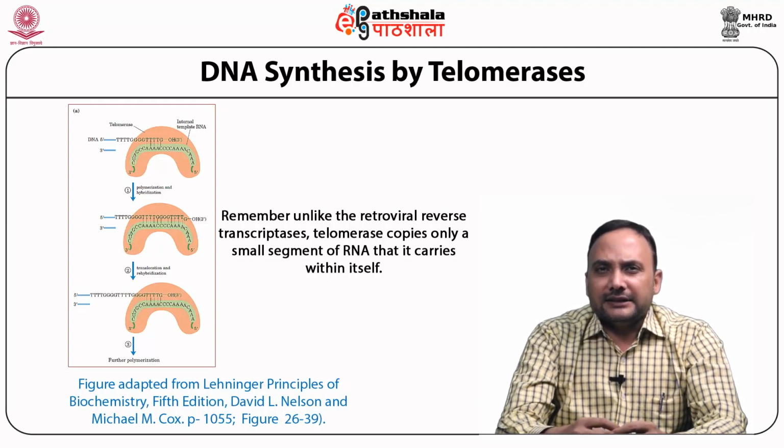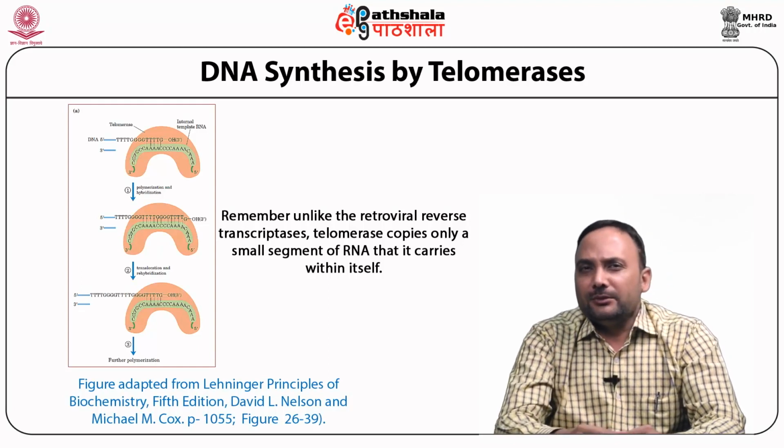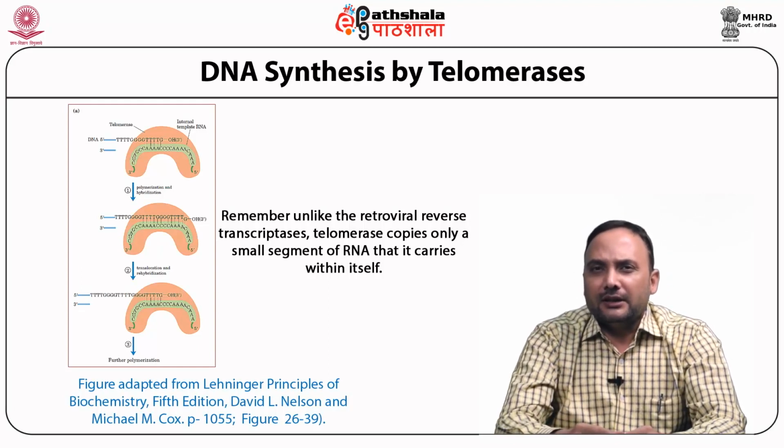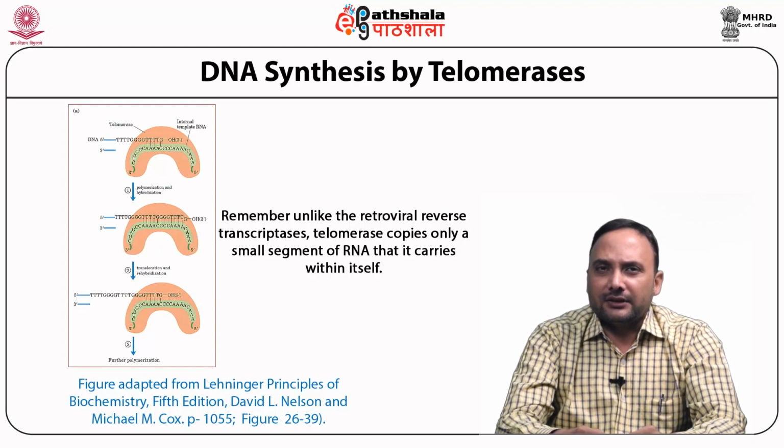Having synthesized one copy of the repeat sequence, the enzyme then repositions, moves from one place to the next, to resume extension of the telomere from a new position, as indicated in step 2. Steps 1 and 2 are repeated multiple times to keep lengthening the DNA strand in 5' to 3' direction.